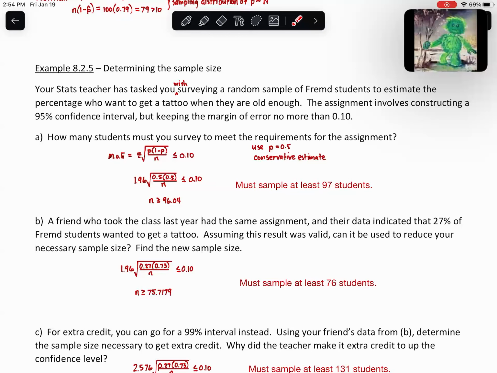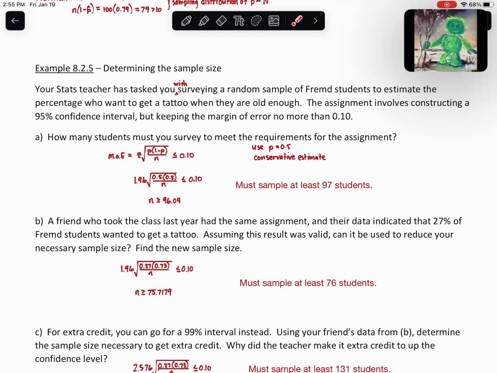So what do we do if we want to achieve a high level of confidence, but maintain an interval size that's relatively small and impressive? Well, the answer, which is the answer for many things in stats, is to change the sample size. If we increase a sample size, we can actually preserve a smaller width of interval while also maintaining a high confidence level. So these questions here have us determining a sample size.